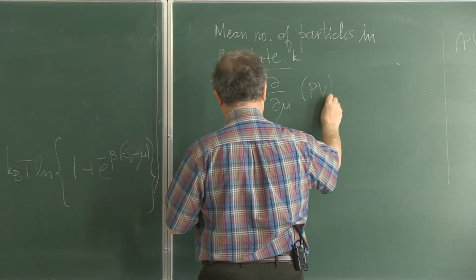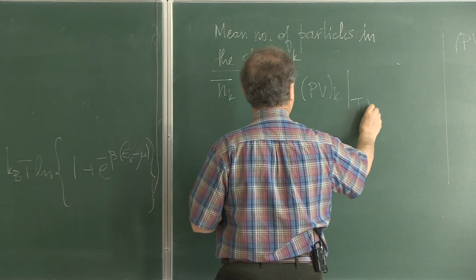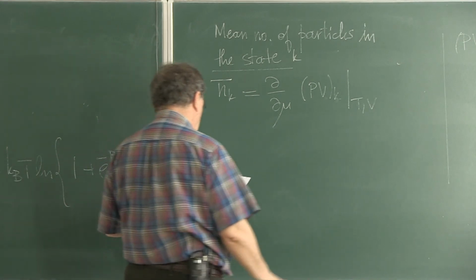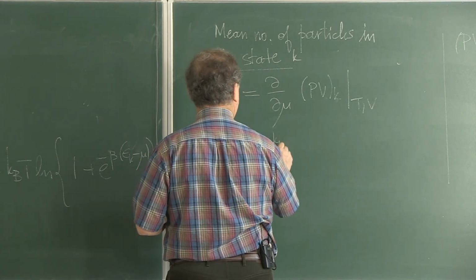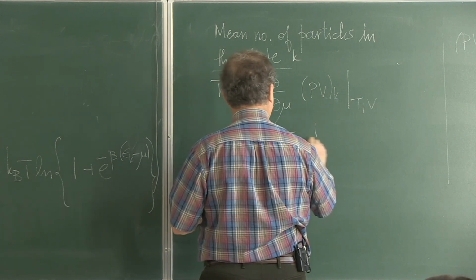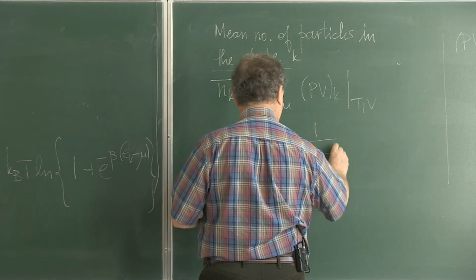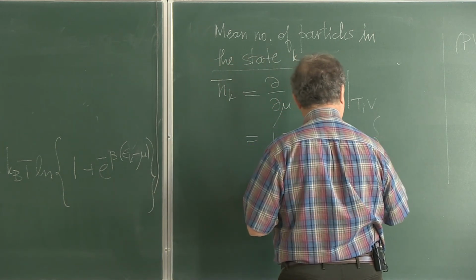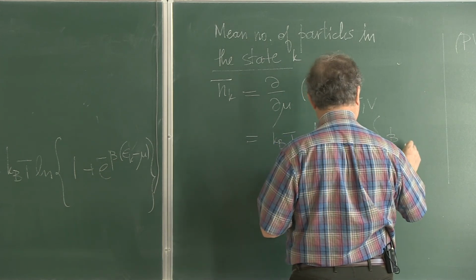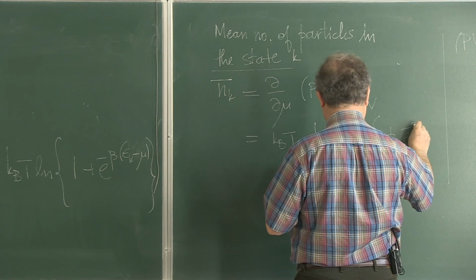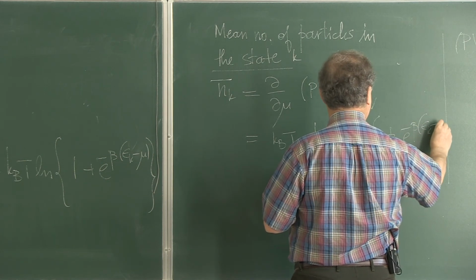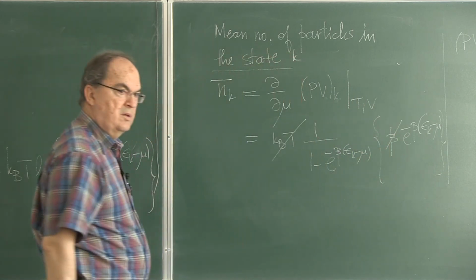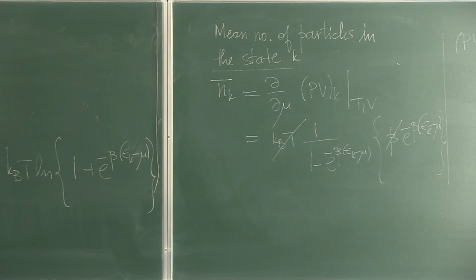I have done this before, so check it, at constant temperature and volume. If you do this, you have the following. k_B T is constant, 1 over the function, derivative of the function, beta comes down, e to the minus beta (ε_k minus mu). Beta cancels k_B T, isn't it? Beta is 1 over k_B T.